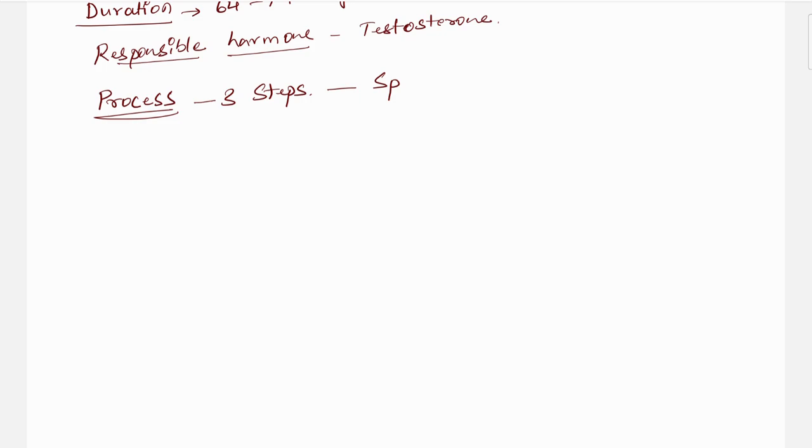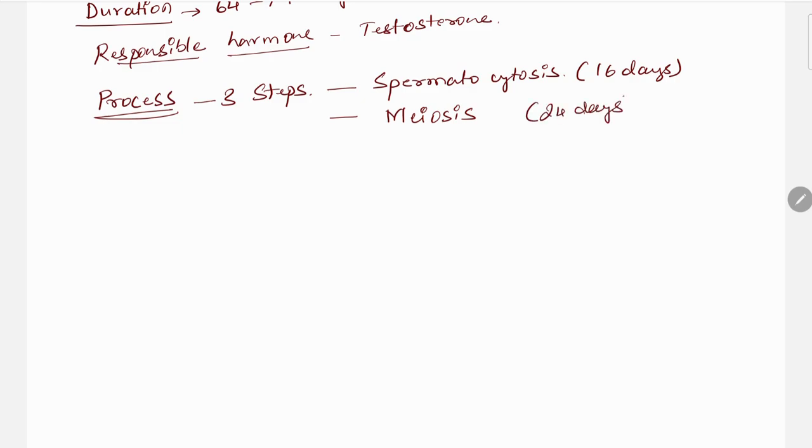So approximately, the first step is spermatocytosis, spermatocyte formation. It will take approximately 16 days. And the second step is the meiosis process, which will take up to 24 days.